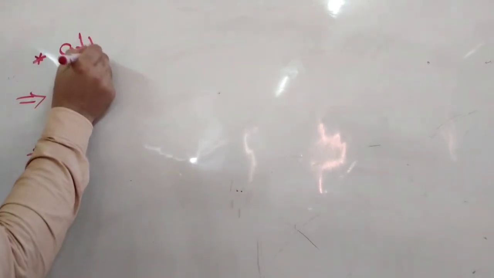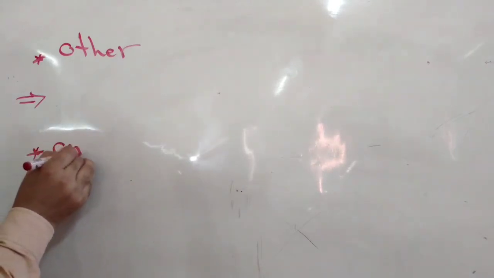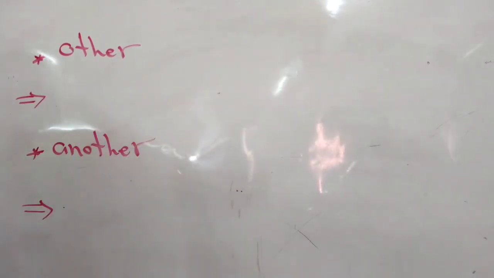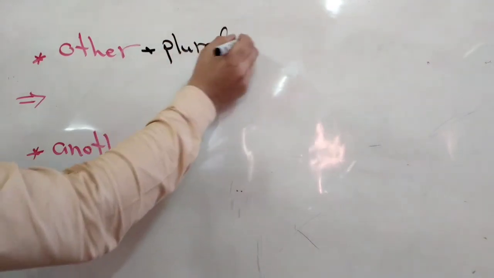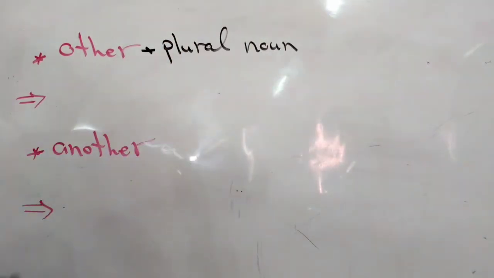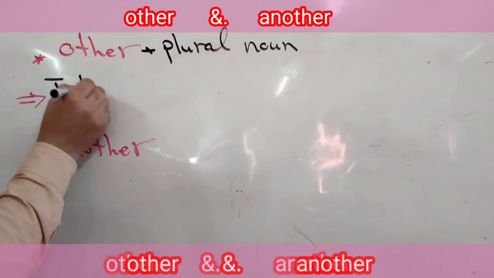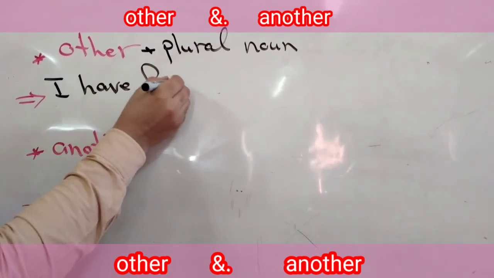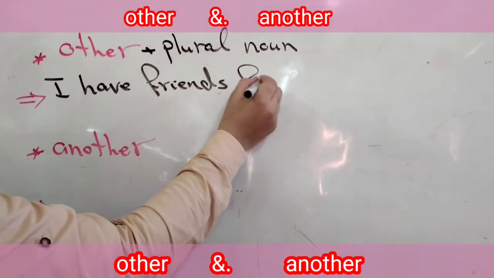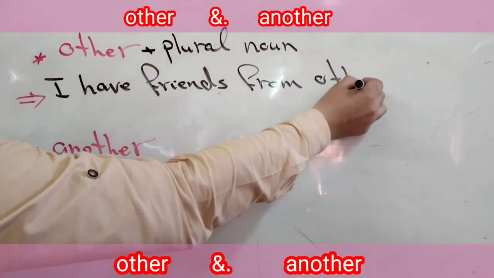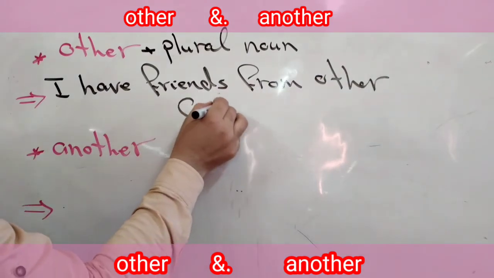Let us spot the difference between other and another. The word other is followed by a plural noun. For example, when we say I have friends from other countries.